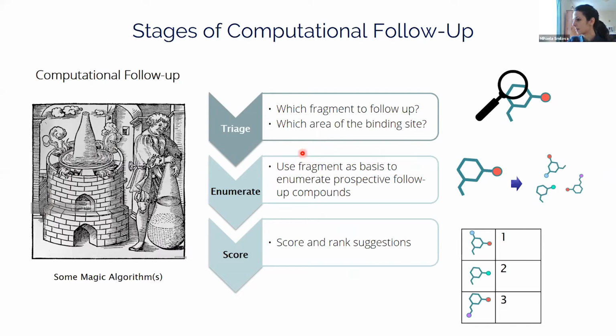Yeah, the next step involves enumeration, so using the fragment as a basis to suggest prospective follow-up compounds. And then these need to be scored based on how likely they are to actually bind to the target protein, and docking is an often used way to do this.